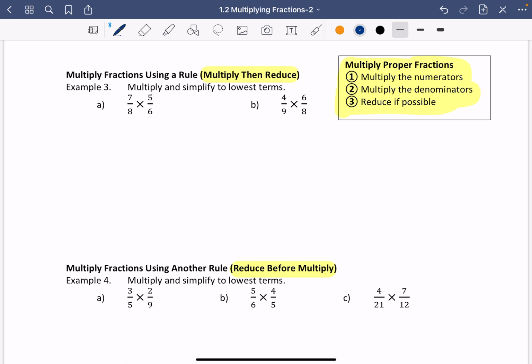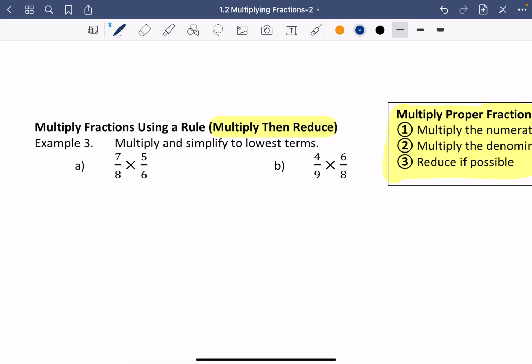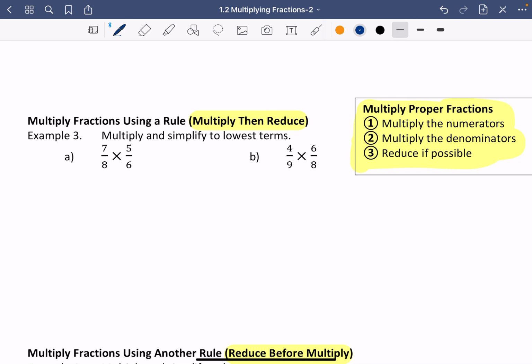Okay, so let's do multiplication first and then reduce. To do this, we follow the rules. So you multiply the numerators, you multiply the denominators, and then if there is a common factor, reduce them or simplify them.